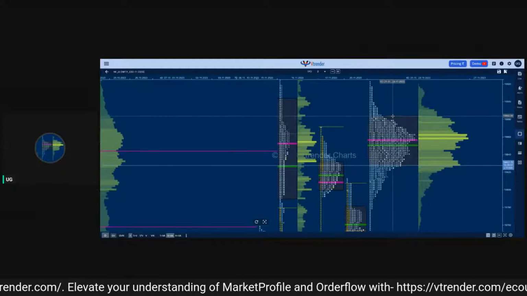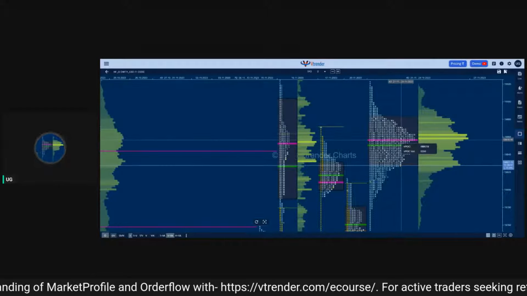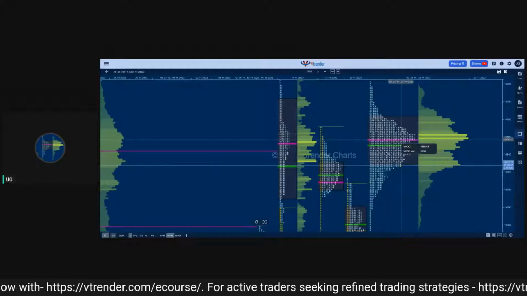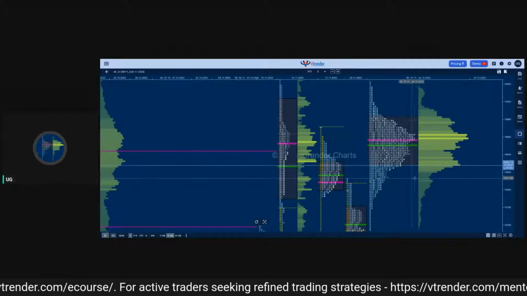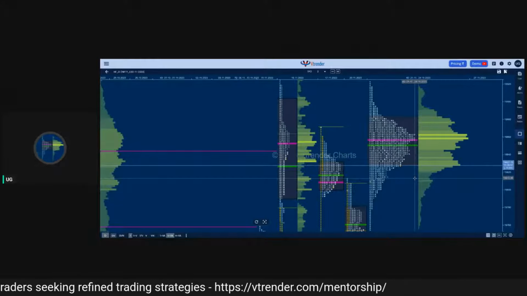So this is how we look at the market profile charts of the futures. And we make out references. We have the value area high at 19883, and we have this very prominent POC at 19857. So these will be our references. Monday being a holiday, Tuesday will be the next trading day.